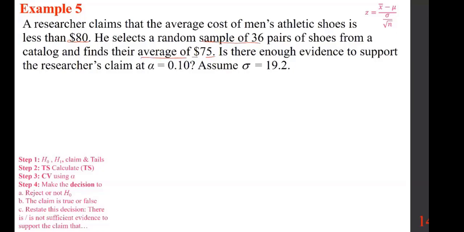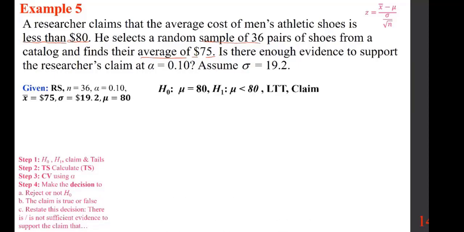What is that? X bar. Alpha is 0.1, sigma is 19.2, and H0, mu is 80. H1, what is it that we are checking? Less than, so mu is less than 80, which is the claim. A researcher claims. So that's our claim.